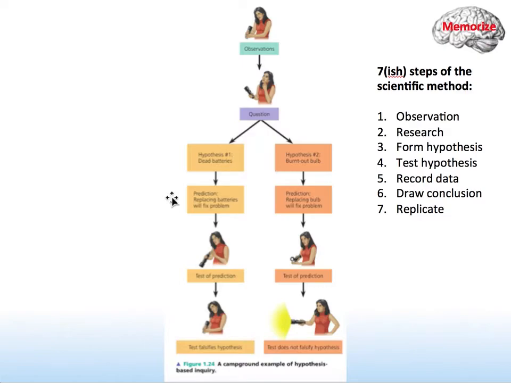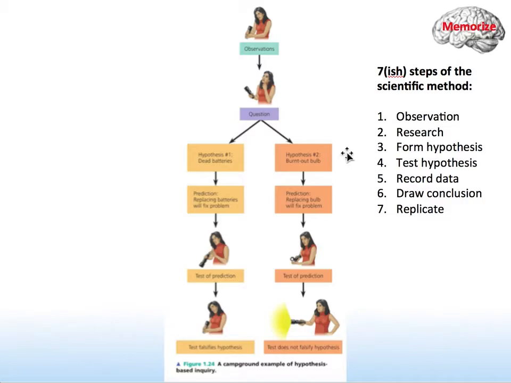So our hypothesis is the batteries are dead, and that is why the flashlight is not turning on. So our experiment will be to change the batteries. We test that prediction, and the flashlight does not turn on, so it falsified our hypothesis. So we start over. Let's build another hypothesis.